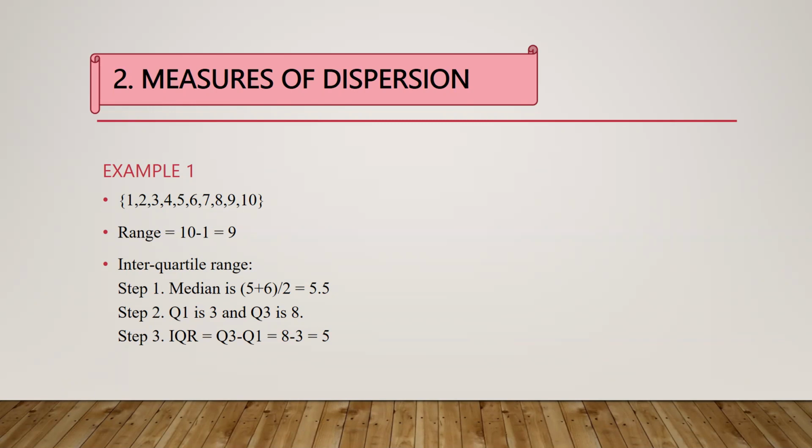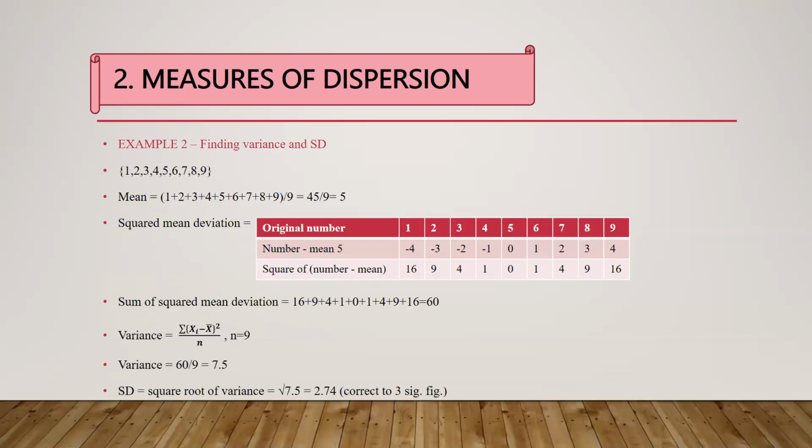Similarly, if you look for the third quartile, then on the right-hand side of your median, 5.5, then you have 5 data points, 6, 7, 8, 9, 10. And the center of these 5 data points is 8, and therefore your third quartile would be 8. And the interquartile range would be the third quartile minus the first quartile, which is 8 minus 3, and that gives you 5.